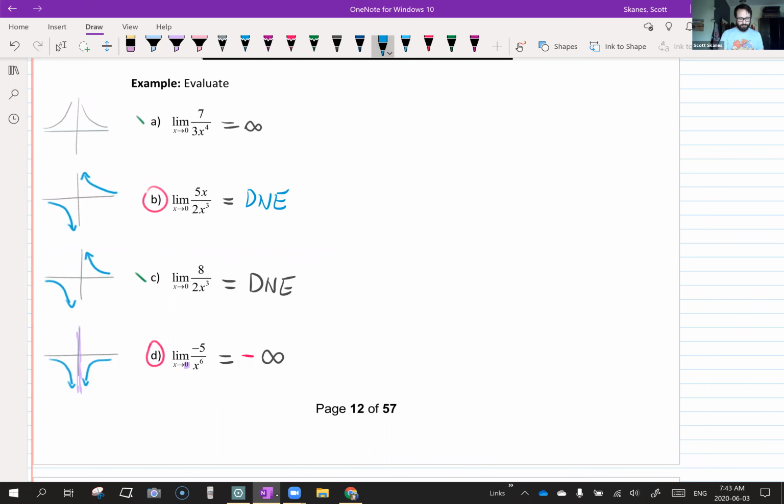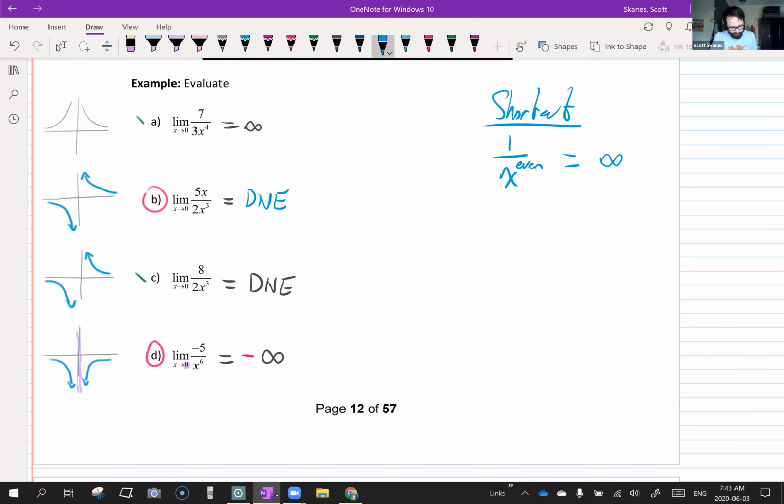Little shortcut for you. If you simplify the expression and it has 1 over x to an even power, some number over even, it doesn't even matter what's on top, you will get infinity, or negative infinity if the number on top is negative.